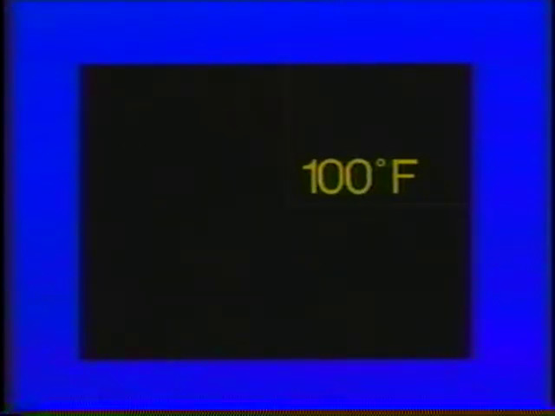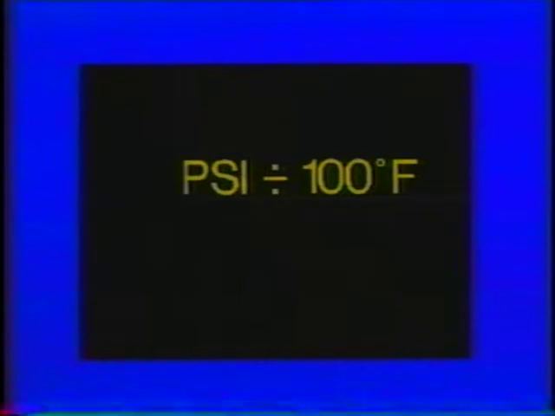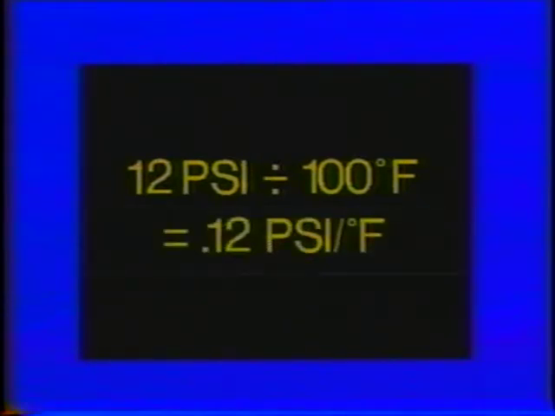Well, the first step is to determine the span of the transmitter, which is 100 degrees. Next, divide the span into the total pressure change of 12 psi, again, the difference between 3 and 15, to get a sensitivity of 0.12 psi per Fahrenheit degree.